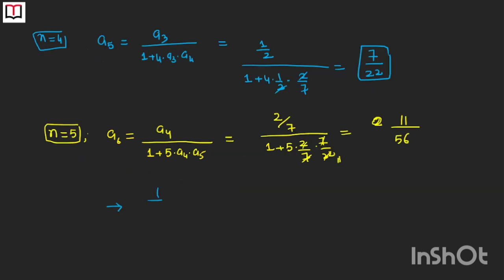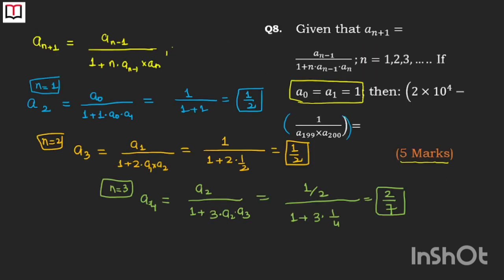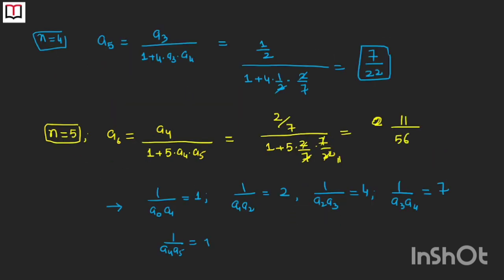It hints that we should go for the values 1 by a0 into a1, so that's 1. 1 by a1 into a2, so that's 2. 1 by a2 into a3, that's 4. 1 by a3 into a4, so it's 7 by 2 into 2 by... that's 7. One more, 1 by a4 into a5: 7 by 2 and then 22 by 7, it's 11.